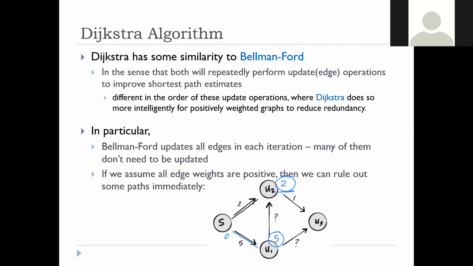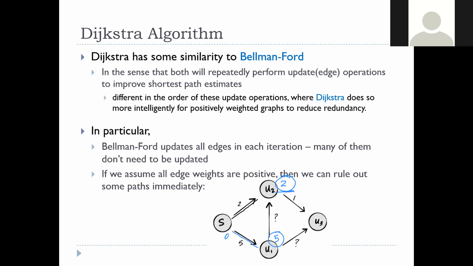So I know that the path coming from U1 cannot be better than what I already have. So in a sense, there's no need to perform an update on this edge U1, U2. Bellman-Ford would still perform that update, which gives a lot of redundancy. So that's the idea.